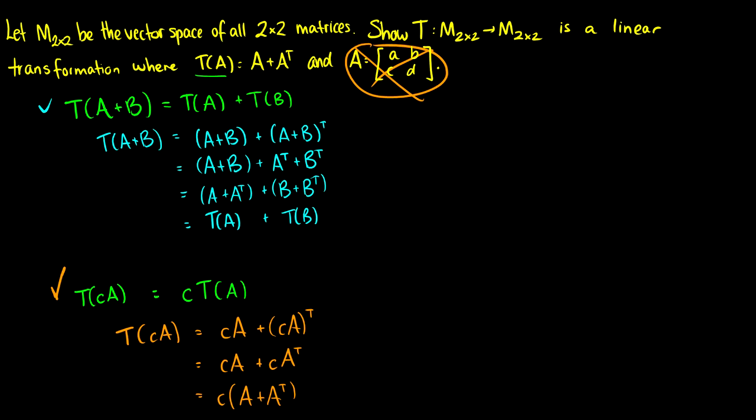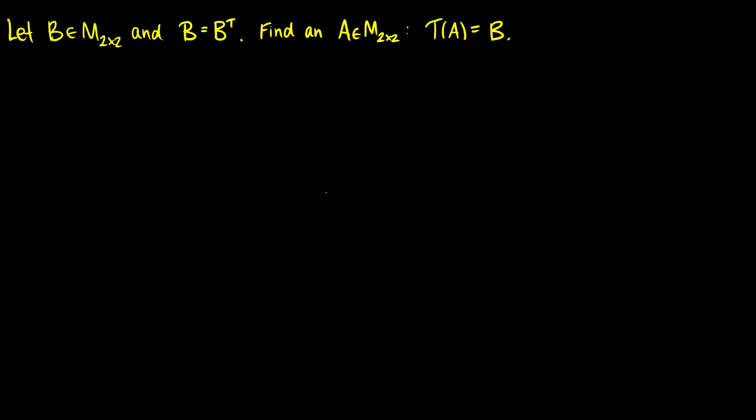Second part, I'm going to let B be in the set of 2 by 2 matrices. So this is the vector space of 2 by 2 matrices, and B is going to equal B transpose. I want to find an A such that the transformation of A is equal to B. Just as a reminder, the transformation of A is equal to A plus A transpose.